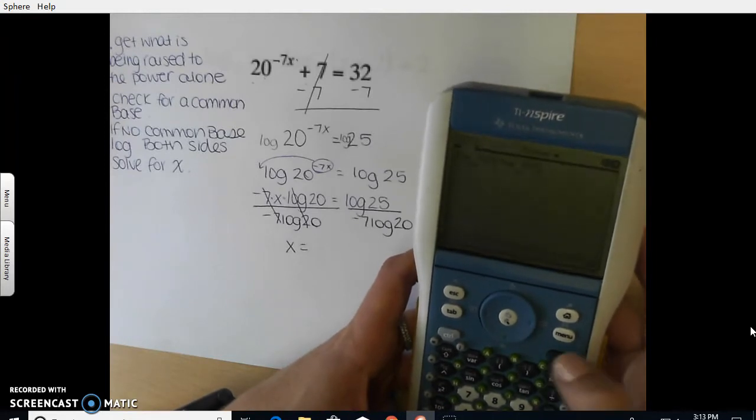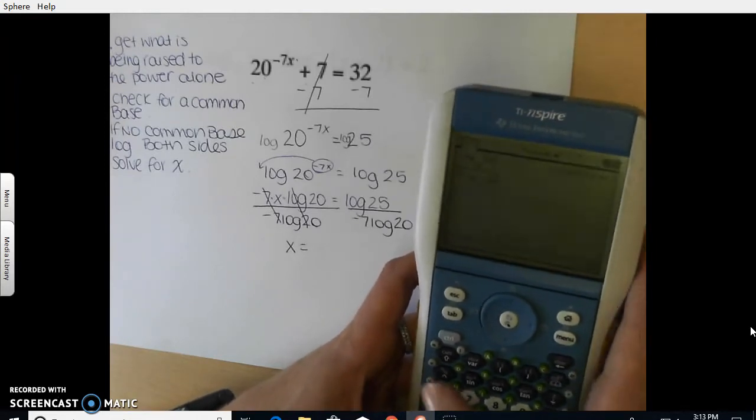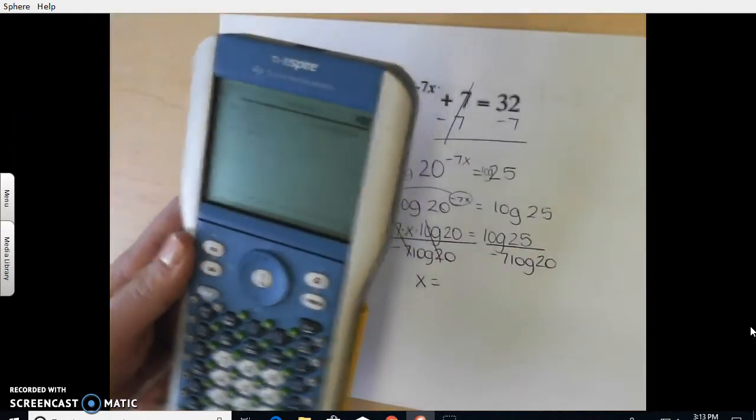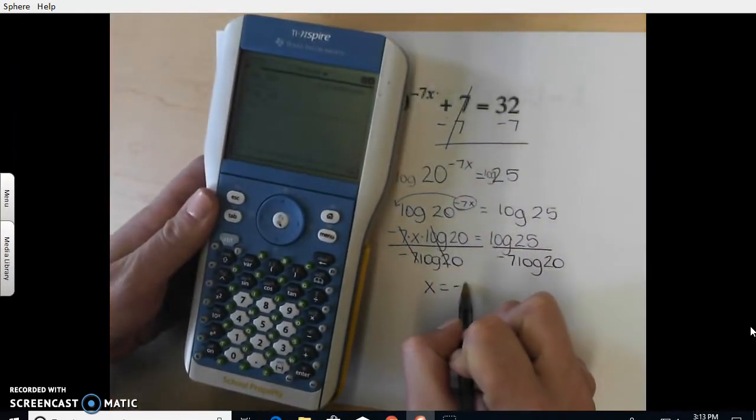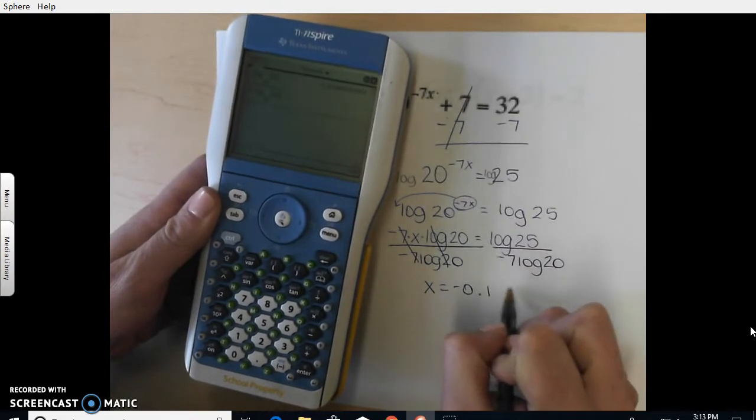Close your parentheses, enter. And we get an answer of negative 0.153.